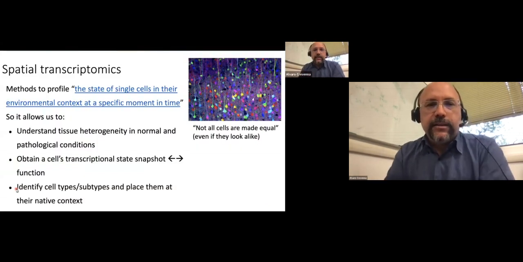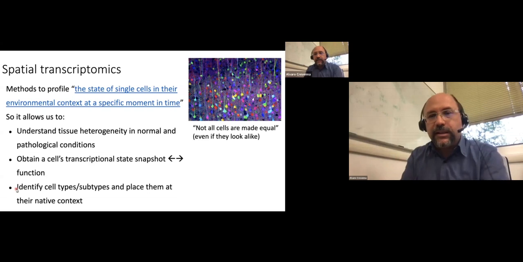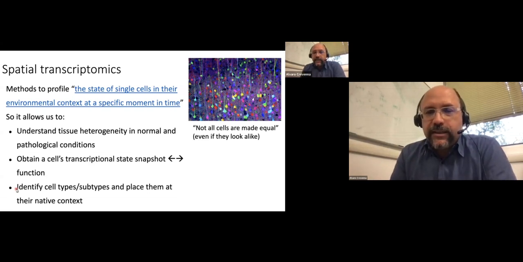Spatial transcriptomics is a series of methods to profile the state of single cells in their environmental context at a specific moment in time. That allows us to understand tissue heterogeneity in normal and pathological conditions, to obtain a cell's transcriptional state, to correlate that with function, to identify cell types and subtypes, and to place them into their native context.